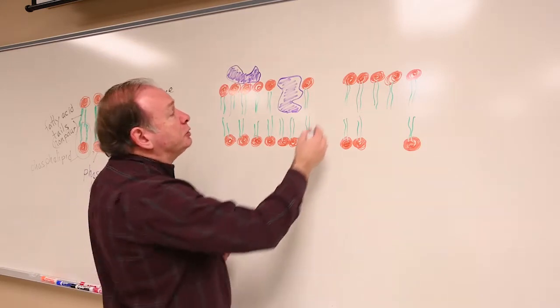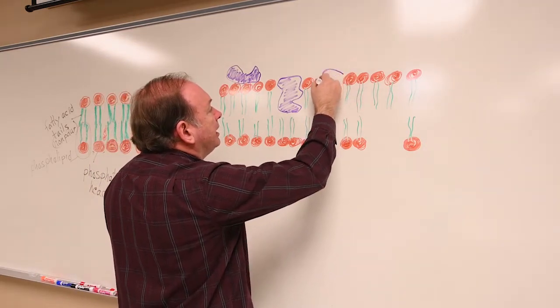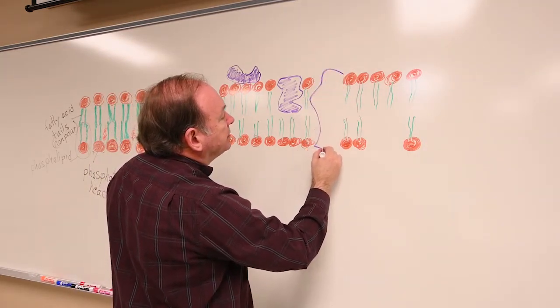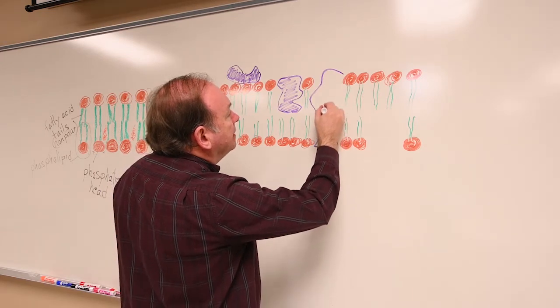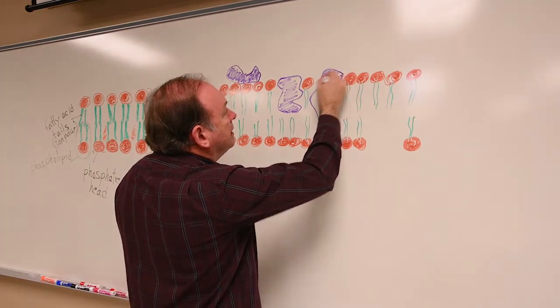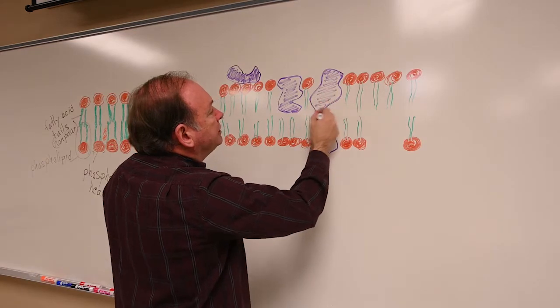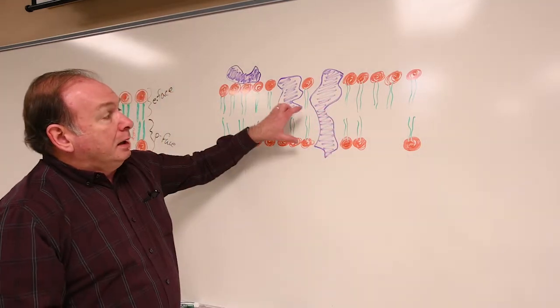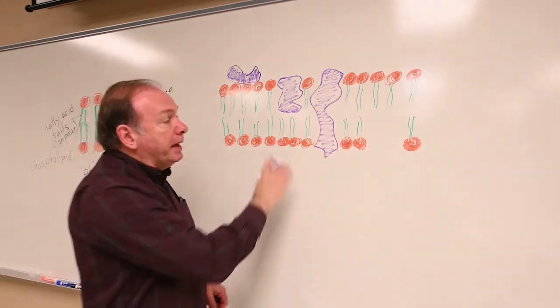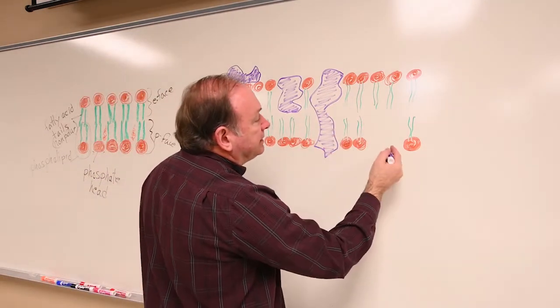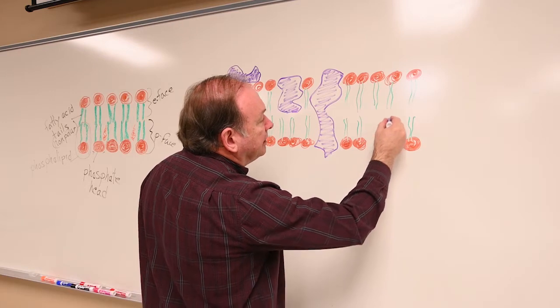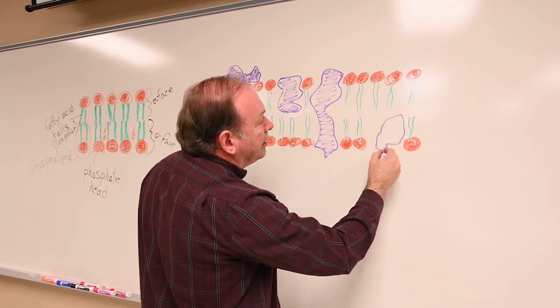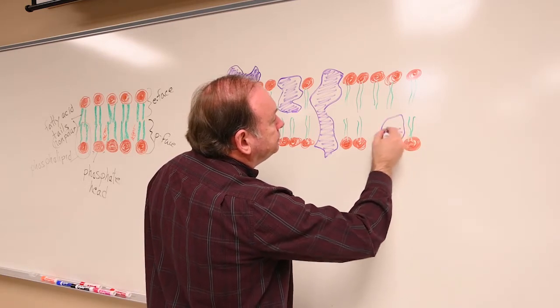There are what we call transmembrane proteins that can go all the way from the inside to the outside of the membrane, so transmembrane proteins. The next position would be embedded within the P face, the internal face, here.